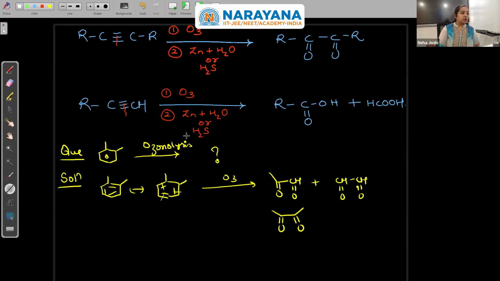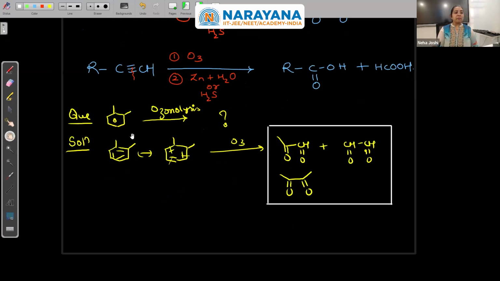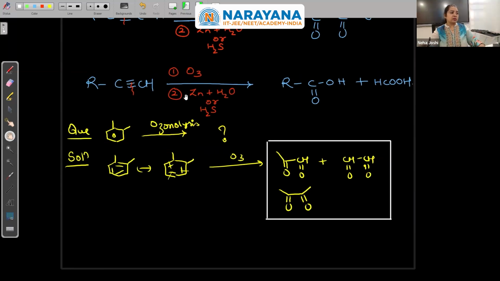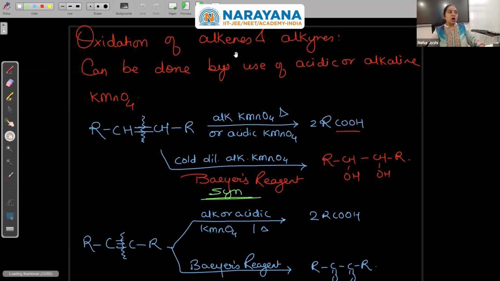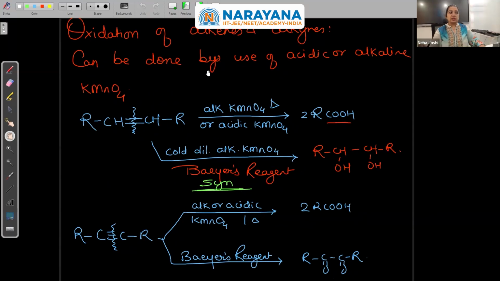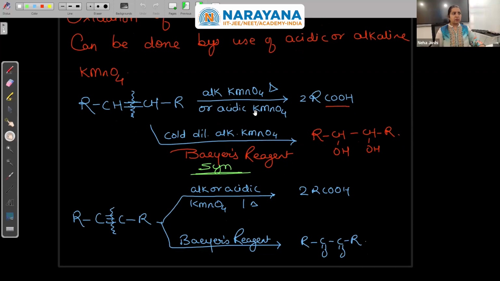So please take, particularly for ortho-xylene, both the resonating structures separately, and then formulate your answer. Okay. With meta and para-xylene, whether you do this or not doesn't matter. It gives the same answer. But with ortho-xylene, it is a different answer. So be careful.